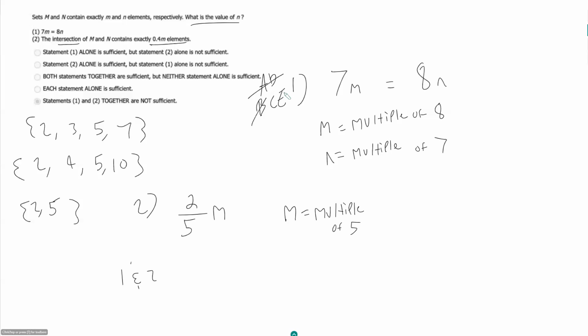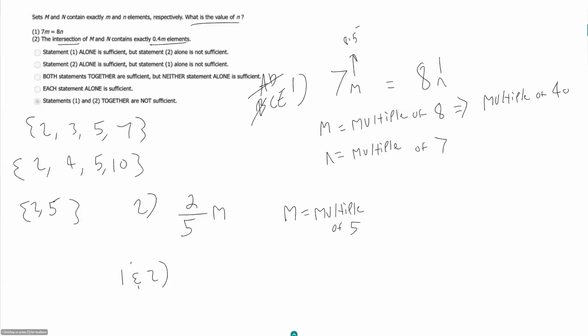Now looking at them together, what do we know? Together, M will still be a multiple of 8, N will still be a multiple of 7, but now M also has to be a multiple of 5. If it's a multiple of 8 and a multiple of 5, M is really a multiple of 40. So M has got to contain an 8 and a 5.